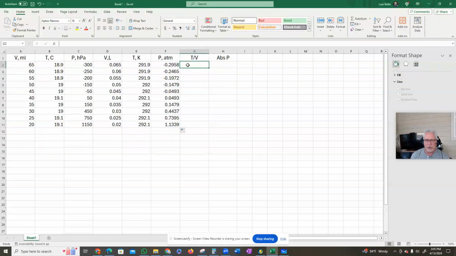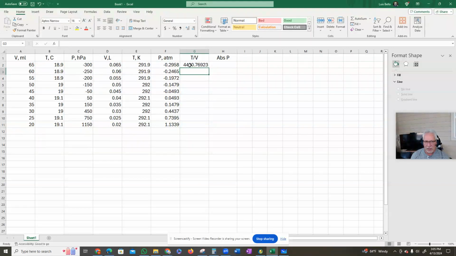Next thing, I had to divide temperature over volume, and the formula will be, always remember you need to type the equal sign, and that will be temperature in Kelvin, this one, right? Because you need to divide in Kelvin. Divide by volume, and volume in liter will be this one, D2.